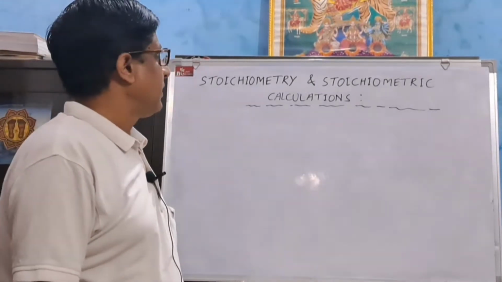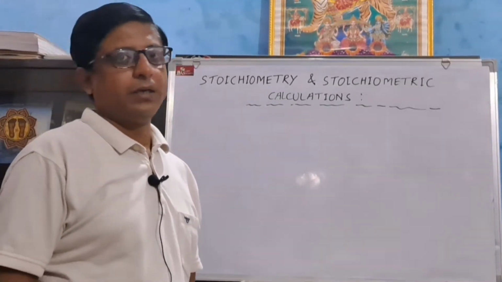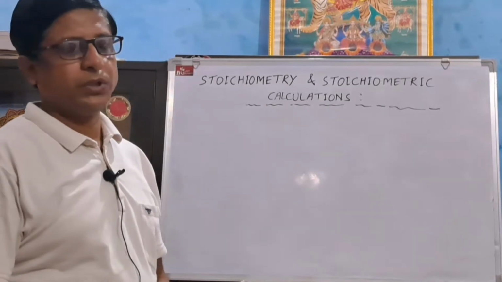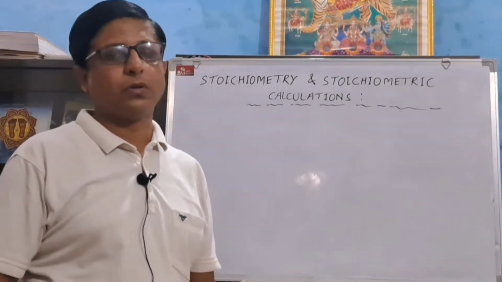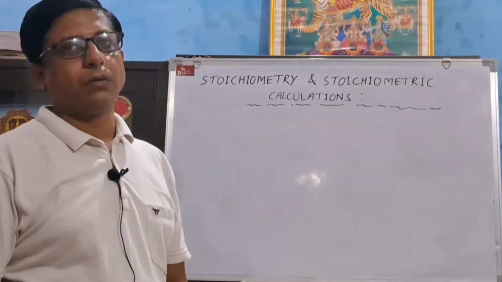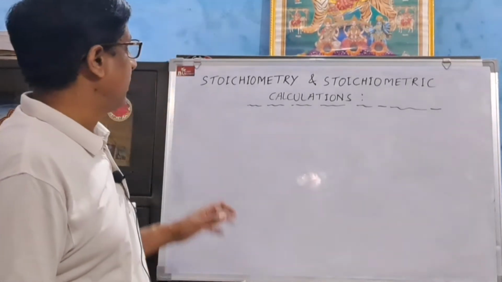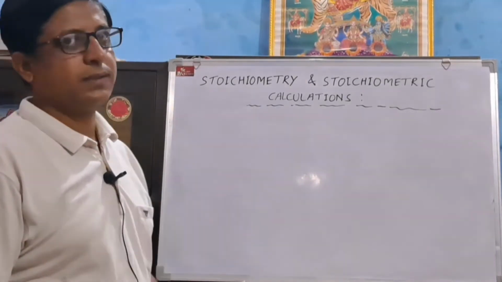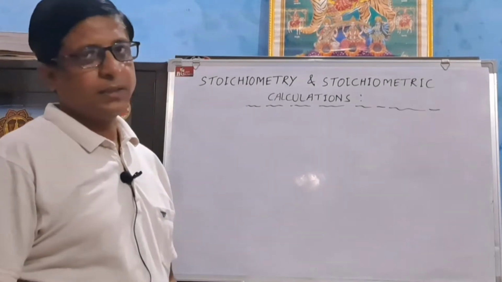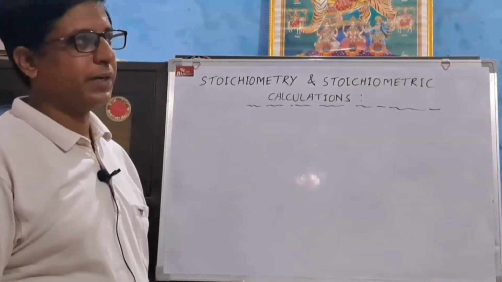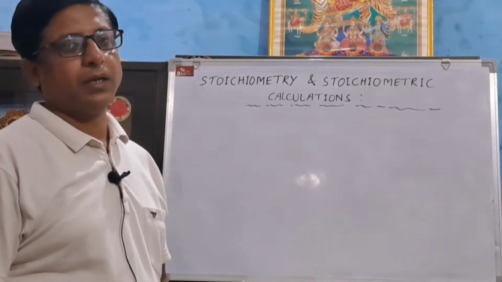Therefore, in stoichiometric calculation, we discuss about calculation of masses or in some cases volumes of reactants or products involved in a chemical reaction.